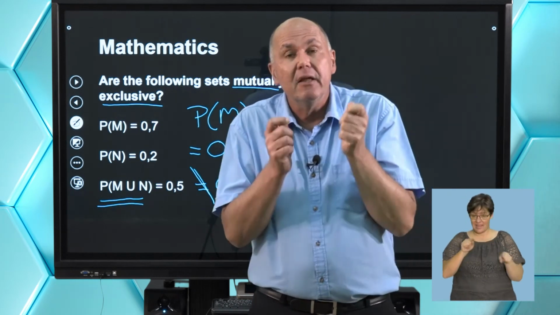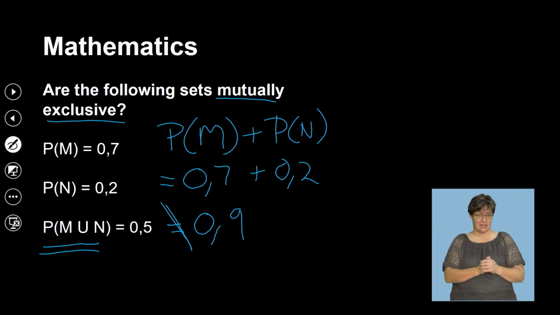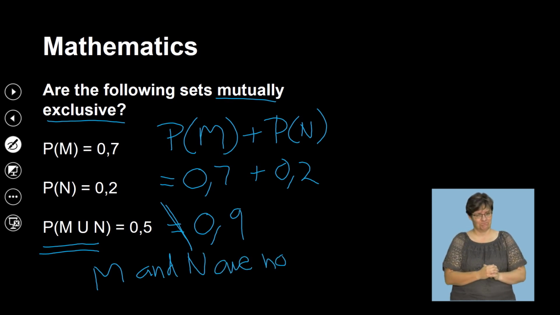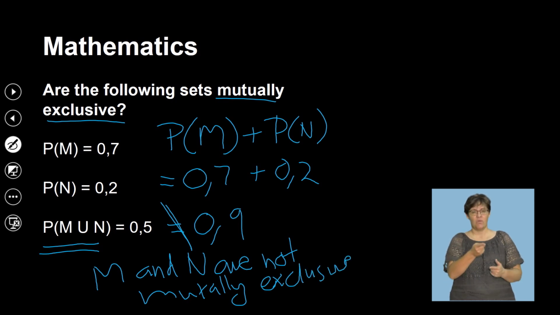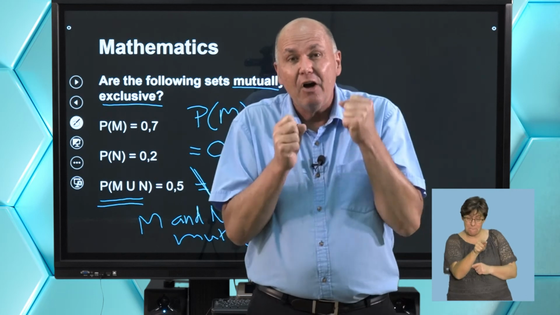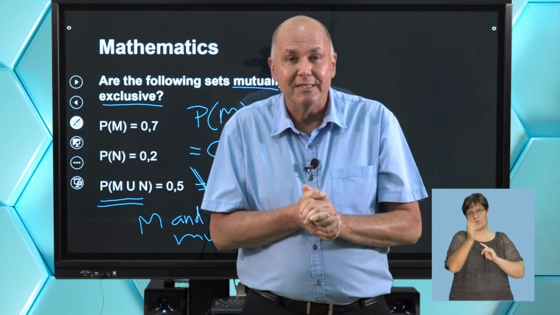The reason that these two do not add up, they are not equal, is because M and N are not mutually exclusive. And there we go. Guys, if you can remember this one fact, what mutually exclusive means and how to determine it, I promise you, you will win at your probability investigations.